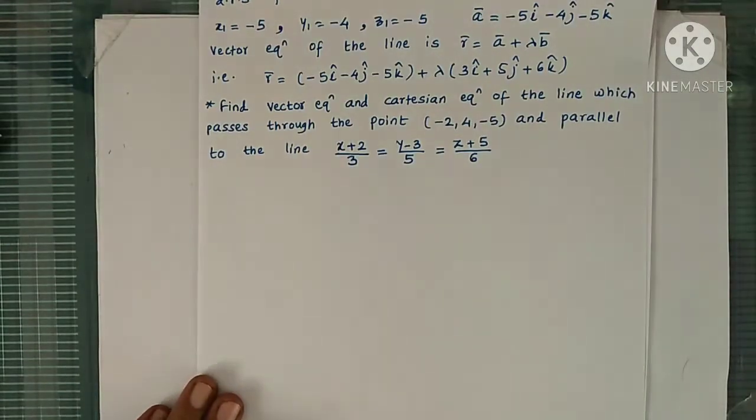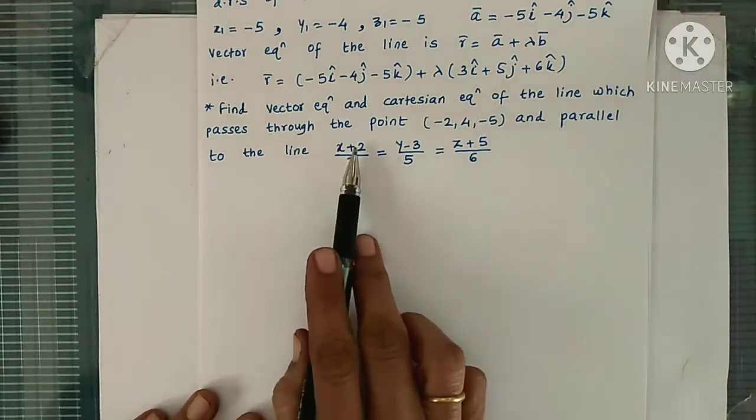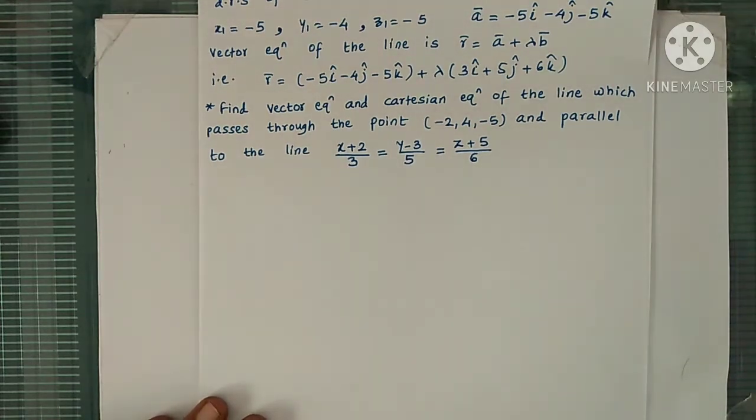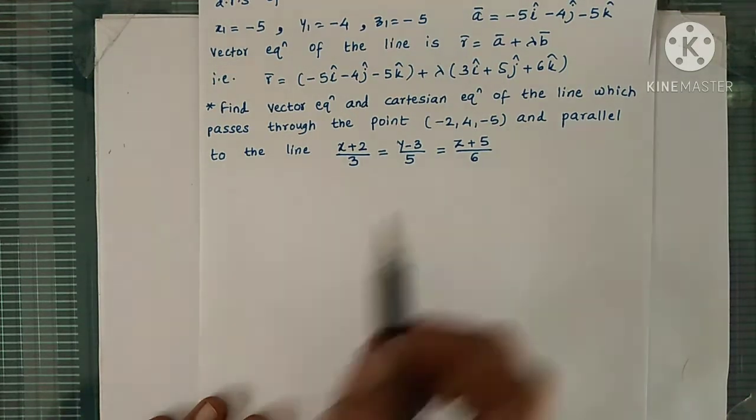Now in the second question, a point on the straight line is given and the line is parallel to the line (x plus 2) upon 3 equal to (y minus 3) upon 5 equal to (z plus 5) upon 6. And we have to find the vector equation and Cartesian equation of the line. To find these, what we need is a point on the straight line, and that is given.